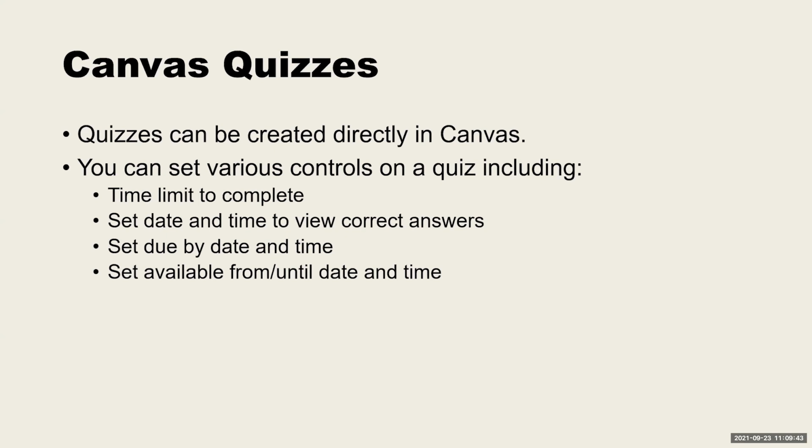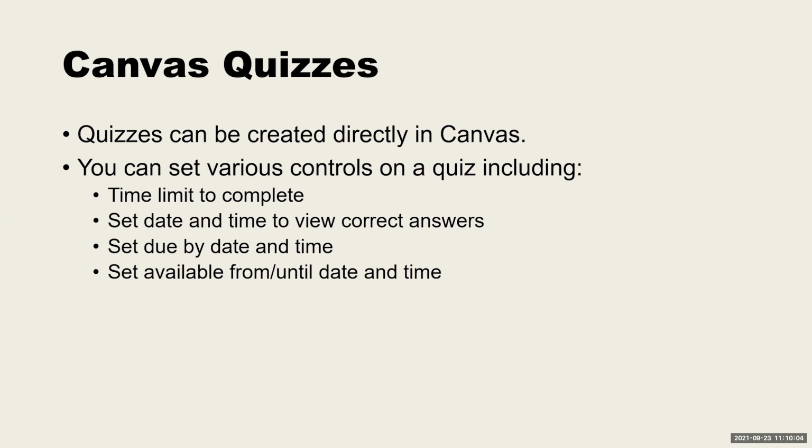These would automatically get graded and automatically be in your grade book, so you won't have to worry about that second step of syncing the grades over. In Canvas quizzes, they have a lot of the same question types and same abilities. You do actually have a little bit more control in the Canvas quizzes.